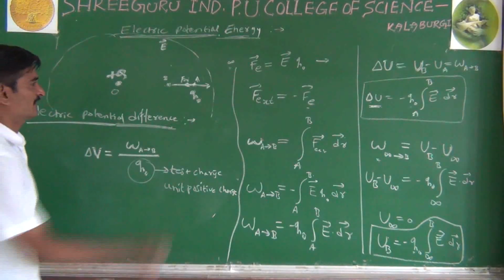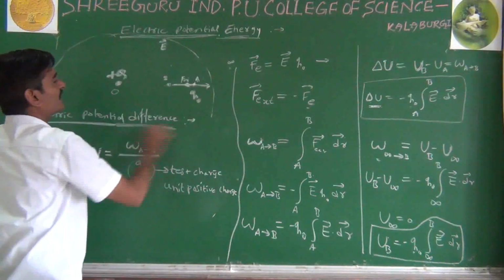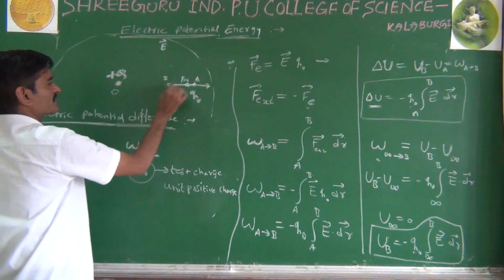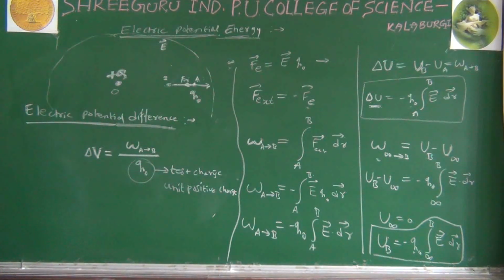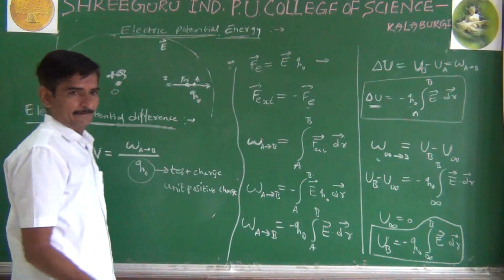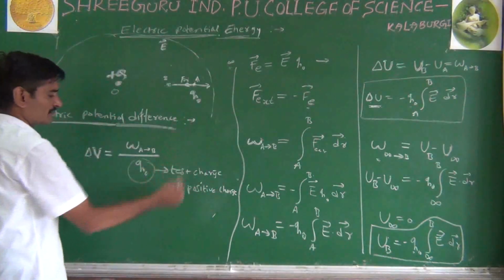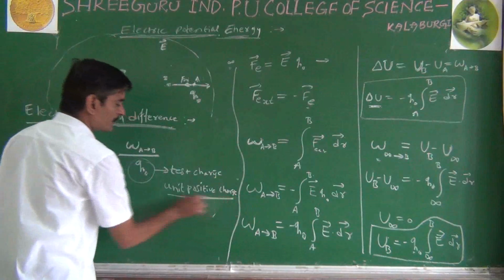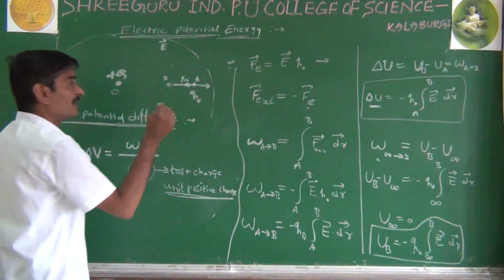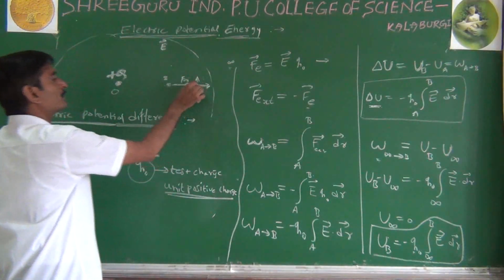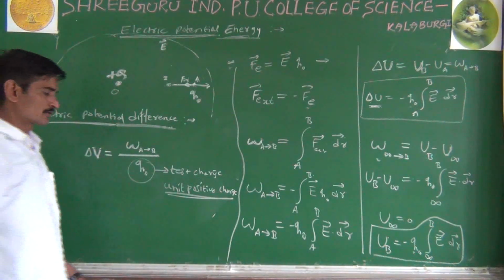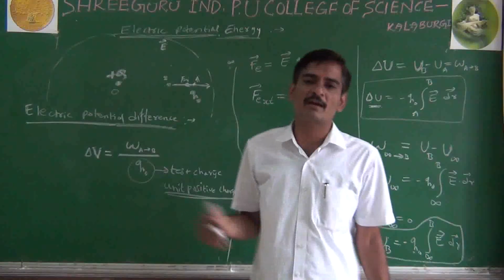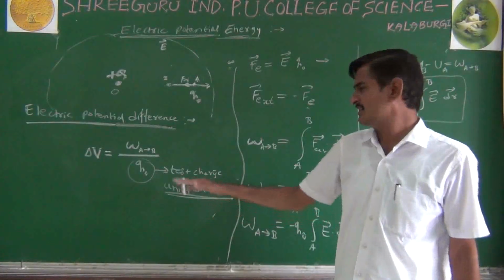Electric potential difference between the 2 points in an electric field is defined as the work done in moving the unit positive charge from one point to another point against the electric field. Understood? Another different way of definition.